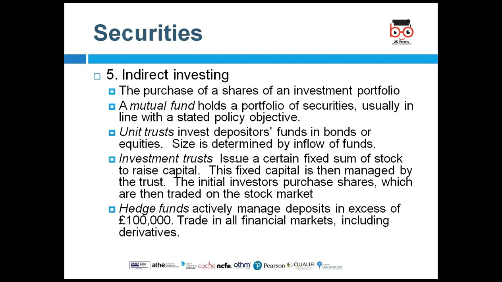A unit trust invests depositors' funds in bonds. Equity size is determined by the flow of funds. An investment trust issues a certain fixed sum of stock to raise capital. Fixed capital is managed by the trust. And the hedge fund, we know the hedge fund companies as well.